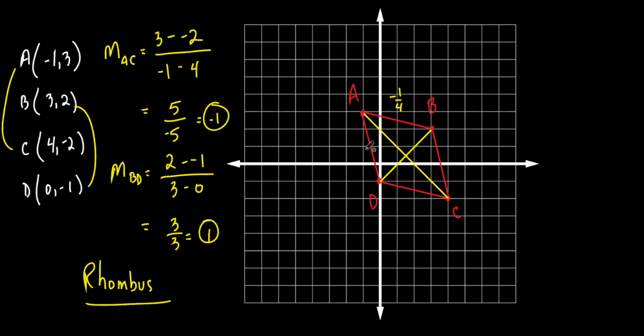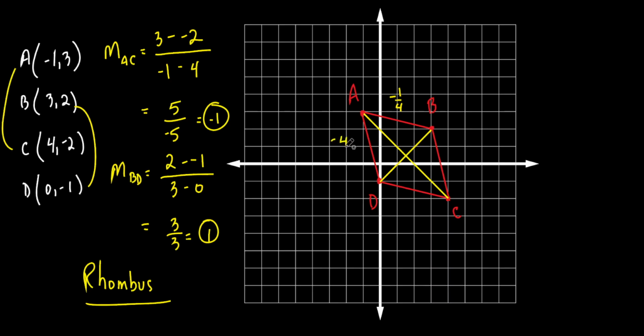Let's find AD. If they were negative reciprocals of each other, so if the slope of this was 4, right, then they would be right. It would be a right angle, and it might be a rectangle or a square, correct? Let's just find it. So let's count. 1, 2, 3, 4.